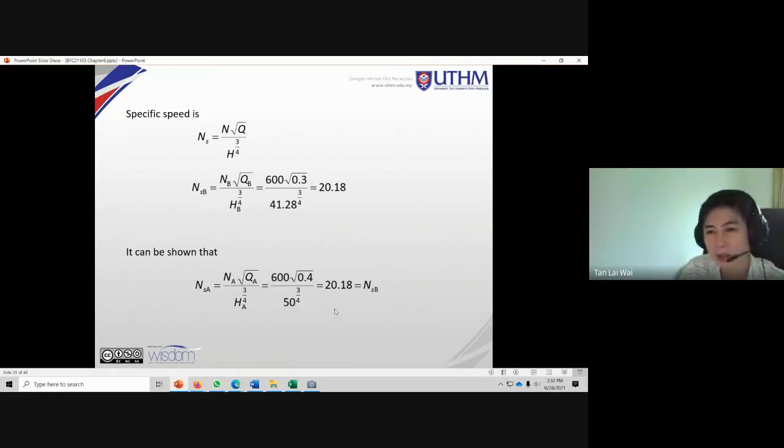If you calculate for pump A, you'll get 20.18, no unit. Or you can calculate for pump B. If you don't have time, you don't have to check. As long as you give the specific speed for one pump, it should be the same as the other.